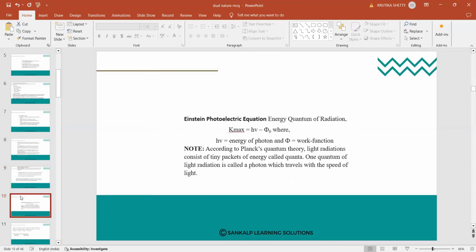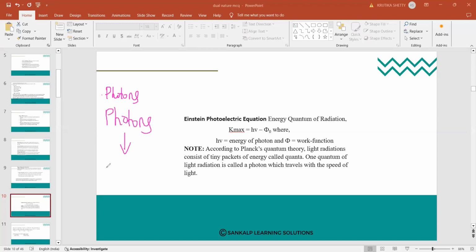Now next we are discussing Einstein's explanation of the photoelectric effect. So what is Einstein's explanation? According to Einstein, the light consists of photons. What are photons, students? Not protons, okay, photons. So light consists of photons.